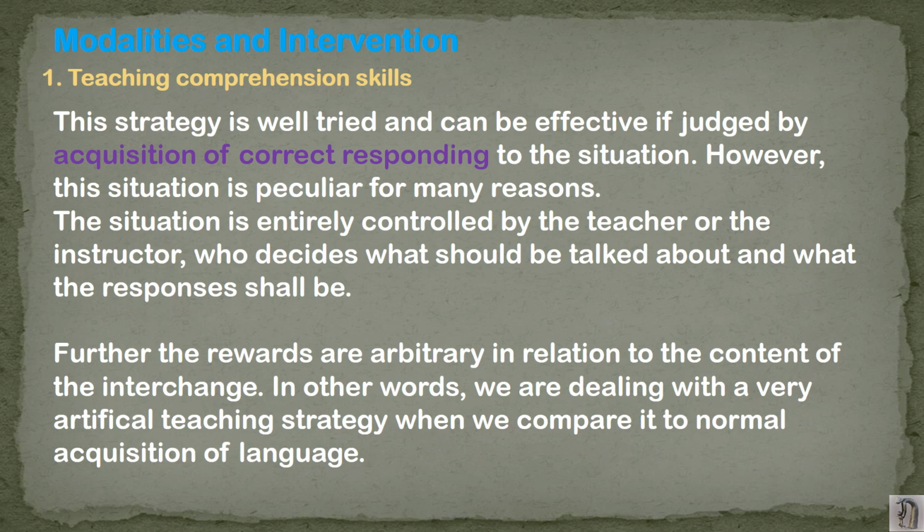So in other words, we are dealing with a very artificial teaching strategy when we compare it to normal acquisition of language. In normal acquisition of language, the normal child finds it very easy to acquire those. Whereas when we teach children with intellectual disability, we need to go with artificial teaching strategies.